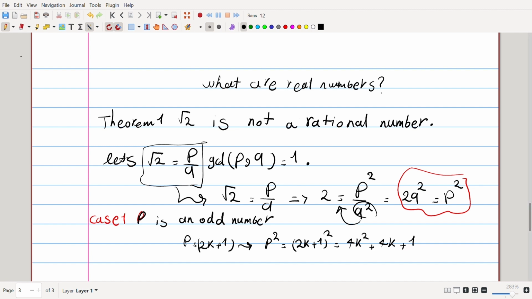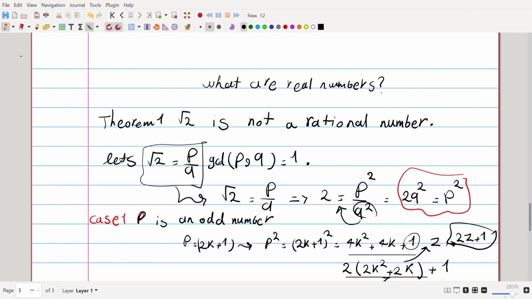That is an odd number because if you factor the 2 out of this polynomial, you get 2 times 2k squared plus 2k, and just leave the 1 alone. You can name this z, and you get 2z plus 1. So that's an odd number.